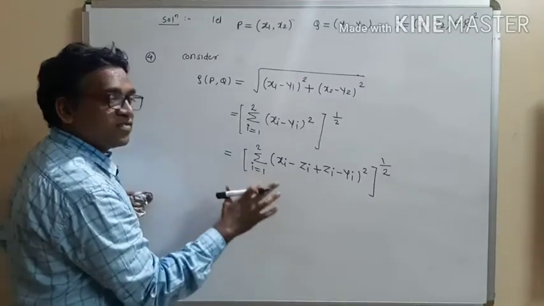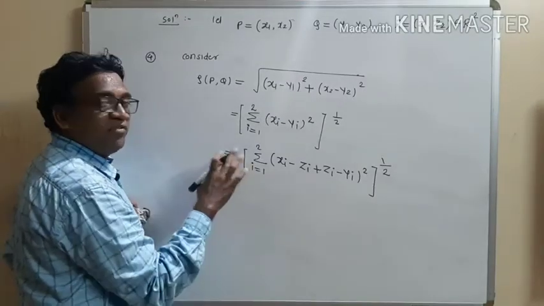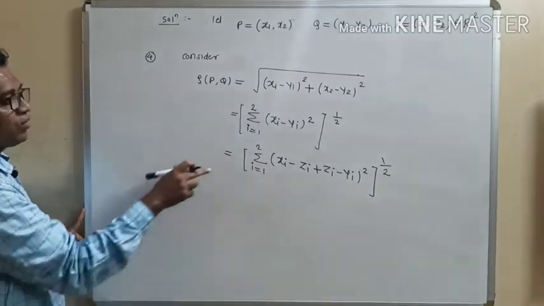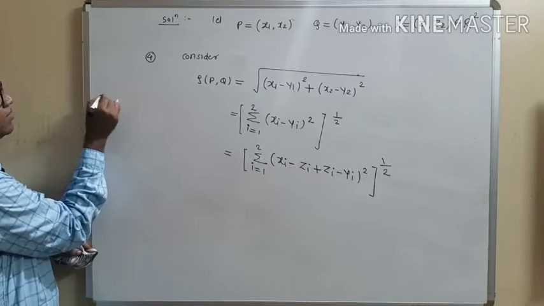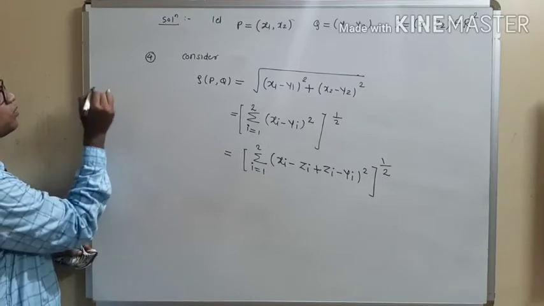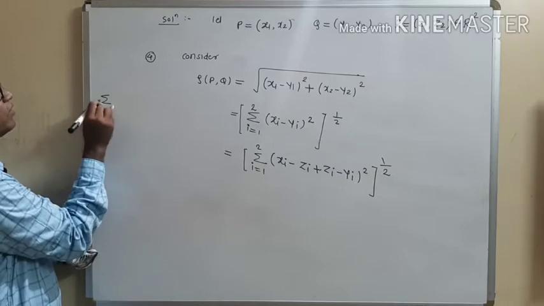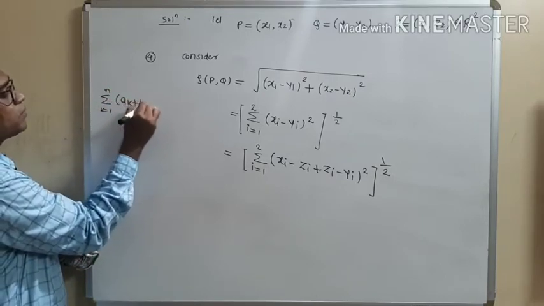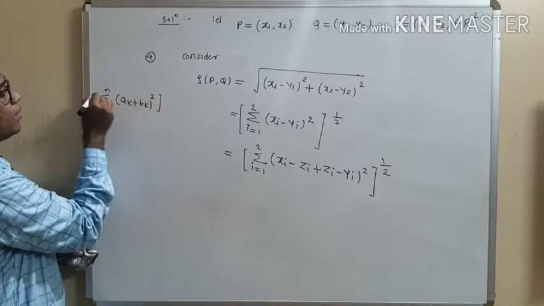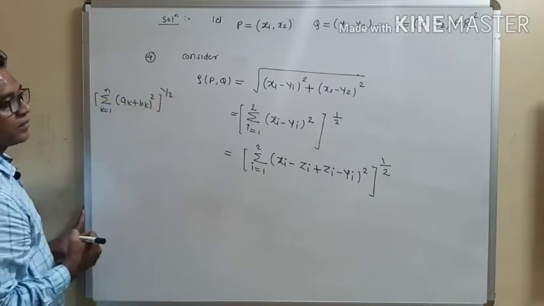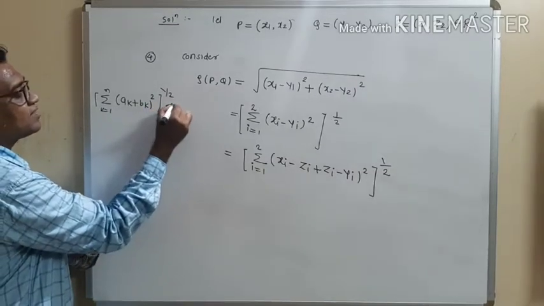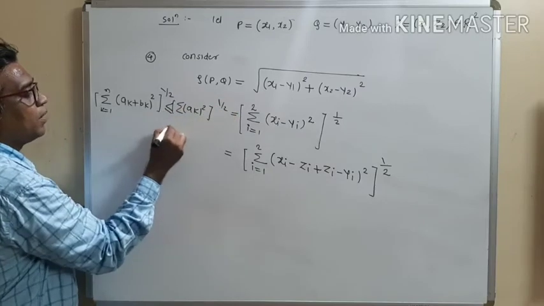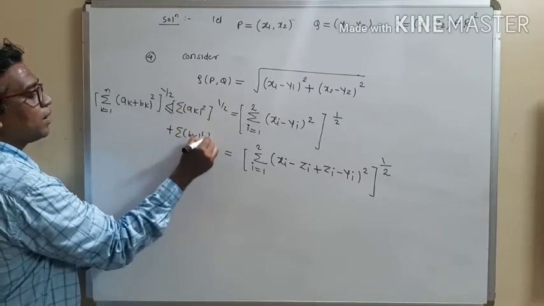Now we use Minkowski's inequality. In the previous video, we wrote Minkowski's inequality. What is Minkowski's inequality? It is given by: the summation, k varies from 1 to n, of (ak plus bk) squared, raised to 1 half, is less than or equal to the summation of ak squared raised to 1 half plus the summation of bk squared raised to 1 half.